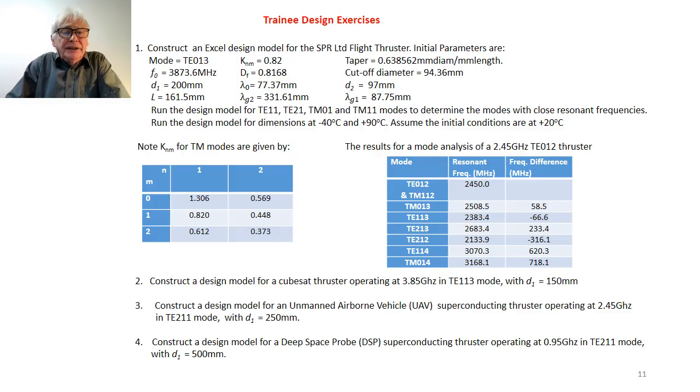It will be operating in TE211 mode at a low frequency, 0.95 gigahertz, and with a significantly large diameter, D1 equal to 500 millimeters. This will set you up very well for looking at how these applications are used, what these vehicles will actually do in later lectures of this series.